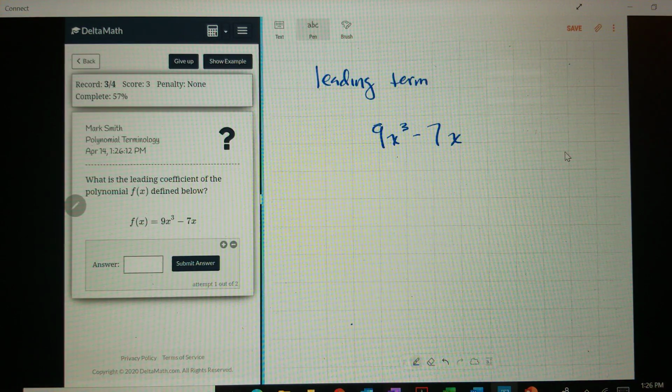The leading term is going to be the highest exponent. This has an exponent of 3. This one we don't write it. This has an exponent of 1, an invisible one, yet another famous invisible one. So this is the leading term, because of the highest exponent.